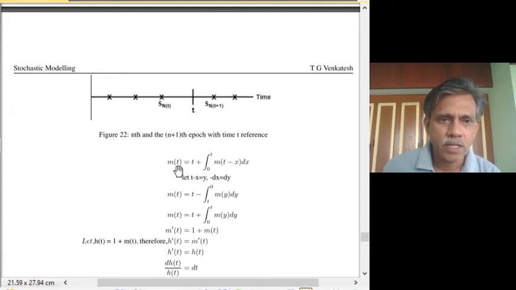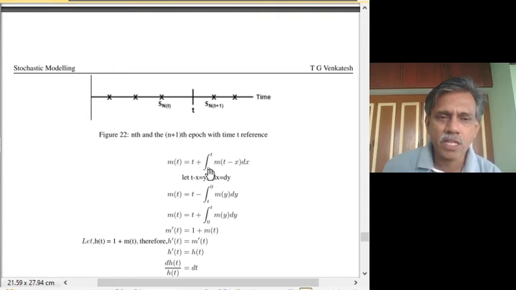So here if you look at it, m of t equal to t plus the integral. When x is equal to 0, y is equal to t, so the lower limit becomes t. When x equal to t, y is equal to t minus t, which is 0. The upper limit becomes 0.